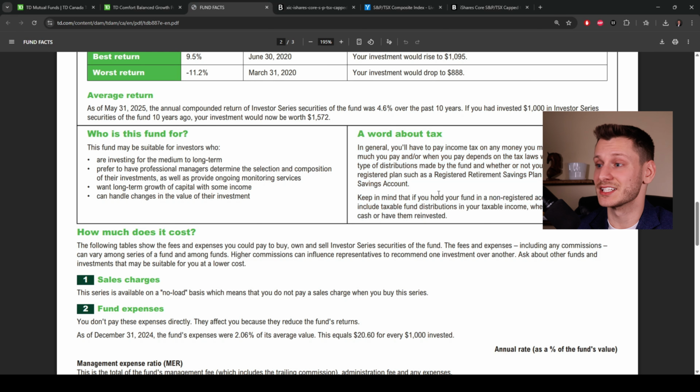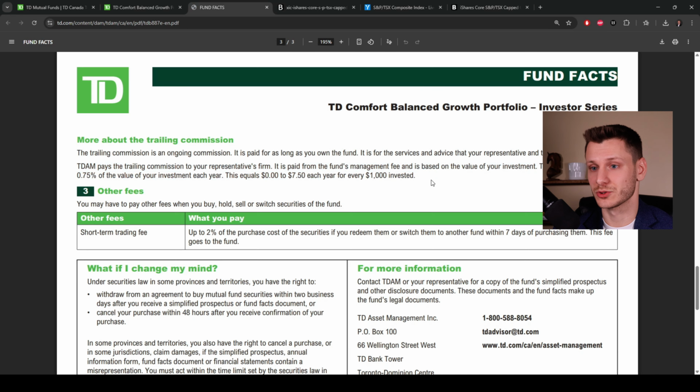This part basically says that you should only invest in mutual funds in RRSPs or TFSAs or FHSAs, anywhere where it's tax sheltered, because the fund advisors will sell and buy throughout the year, and it's going to cause a lot of capital gains for you if you're not in a tax sheltered account. So this mutual fund talks about a commission between 0 to 0.75% of the value of your investment each year. Once again, ETF that mirrors an index fund, you avoid all this.